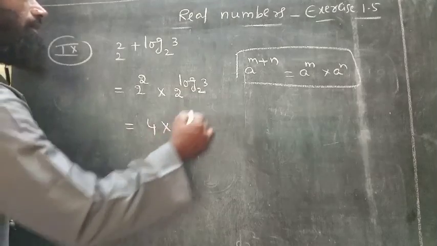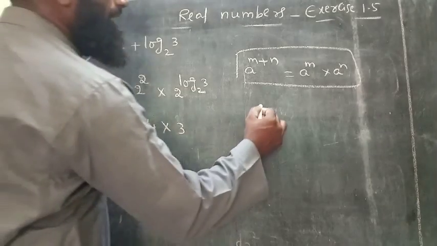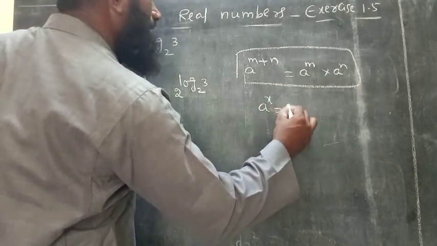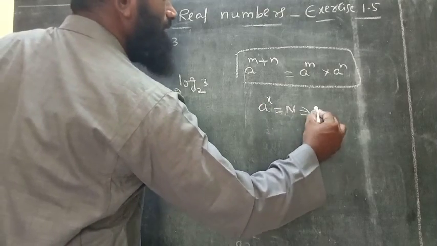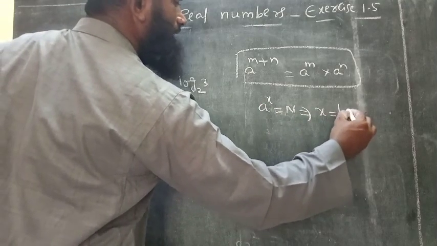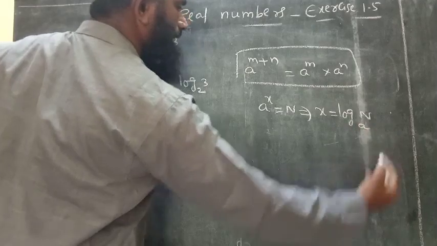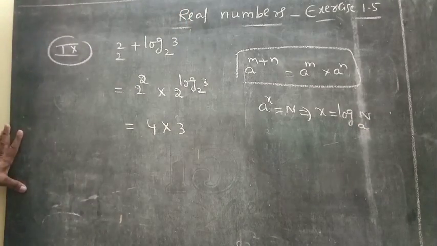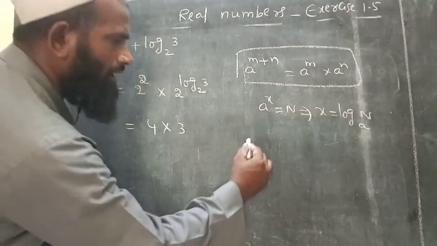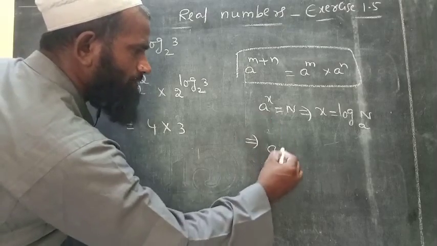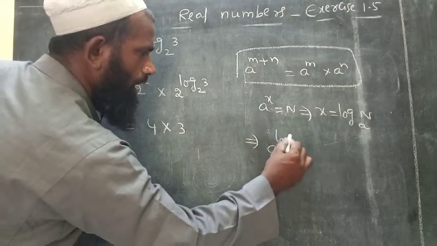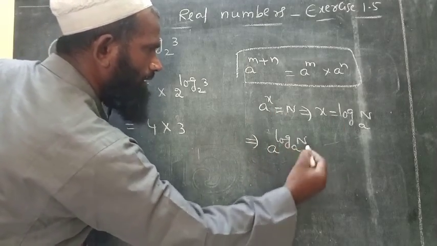This value is nothing but 3. Here, one minute: a power x equals n. From this, what is the logarithm form? x equals log n base a. Now substitute the x value. What is the x value? Log n base a.